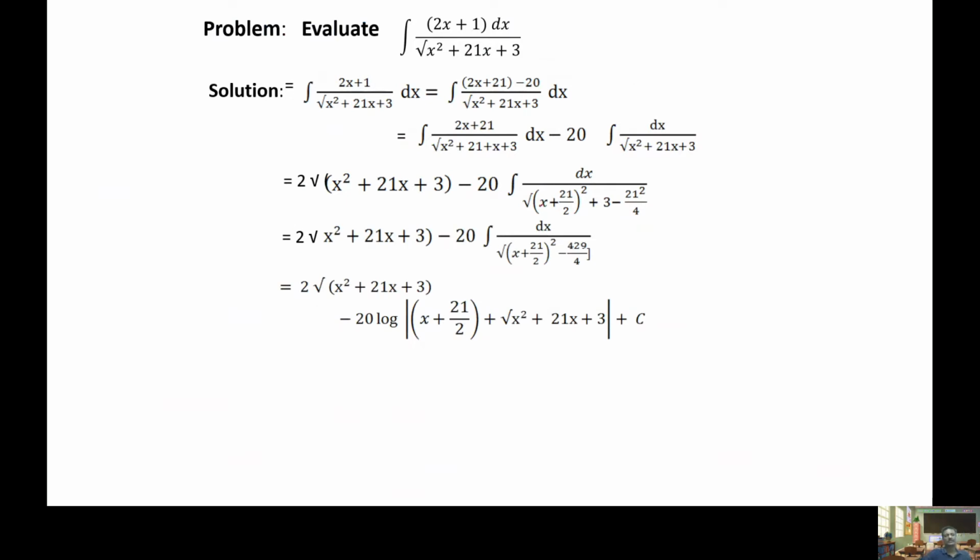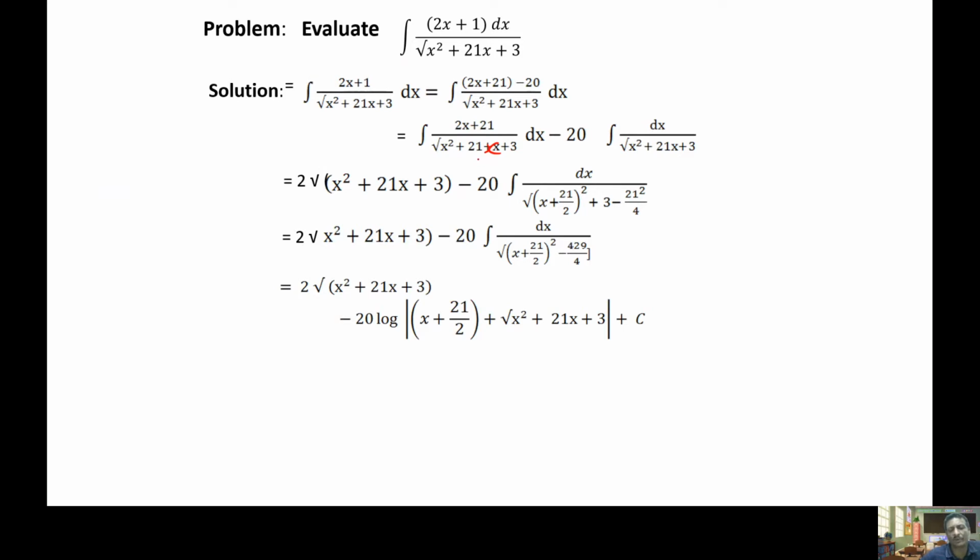Now (2x + 1) divided by root of (x squared + 21x + 3). Same as the previous problem, only the square root is in the denominator. So you arrange the numerator like this, or you can apply the formula: (2x + 21 minus 20) by root of (x squared + 21x + 3). Now here it is the du by root u form.